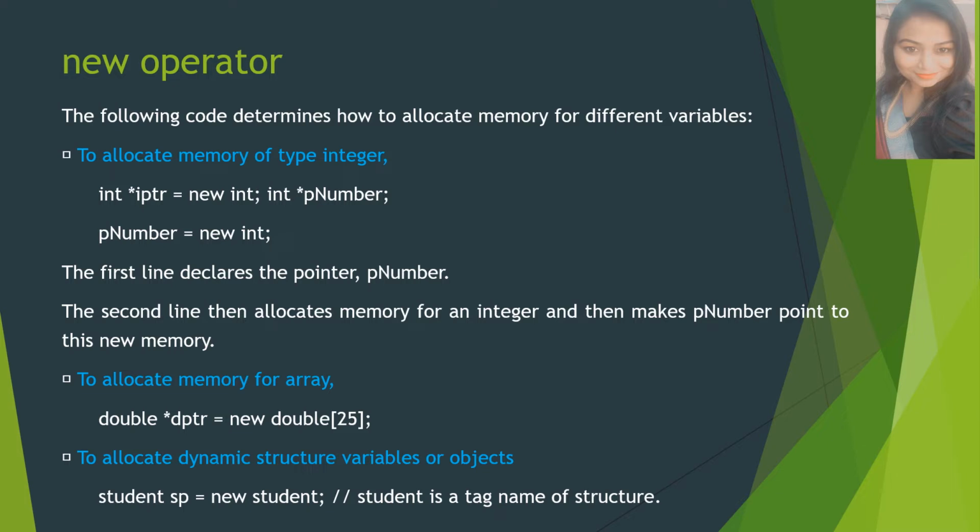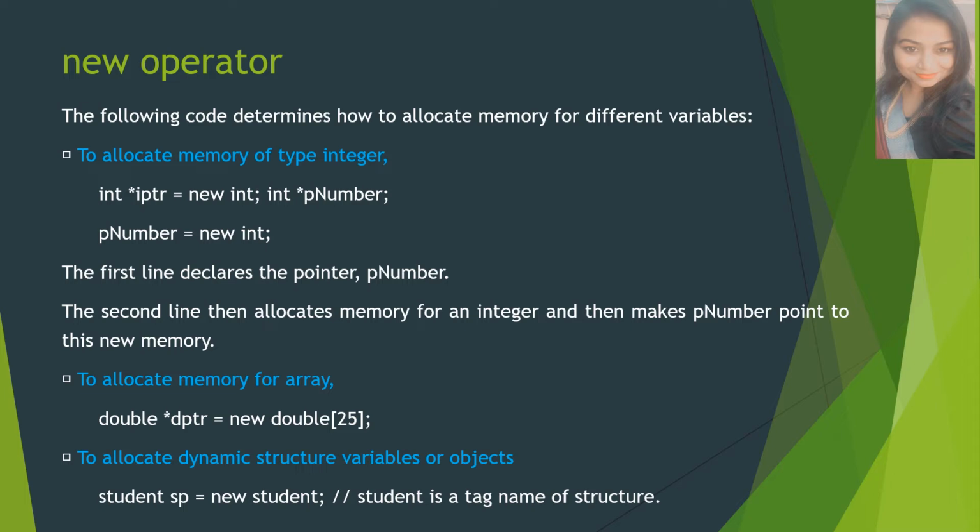So the second syntax is used to allocate memory spaces for an array. When we need memory for just one variable, we use the first syntax. When we need to allocate memory spaces for arrays, we use the second syntax.